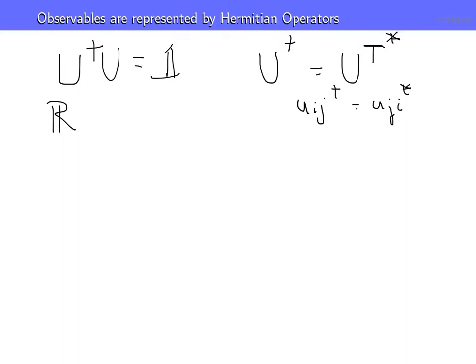So let's look at a particular form of operator, and we'll see why it's called this. Let's consider an operator I'll call L, where L is equal to its Hermitian conjugate. That means when we flip around the diagonal and take the complex conjugate, we get the same matrix back. This is what we call a Hermitian matrix, or a Hermitian operator.